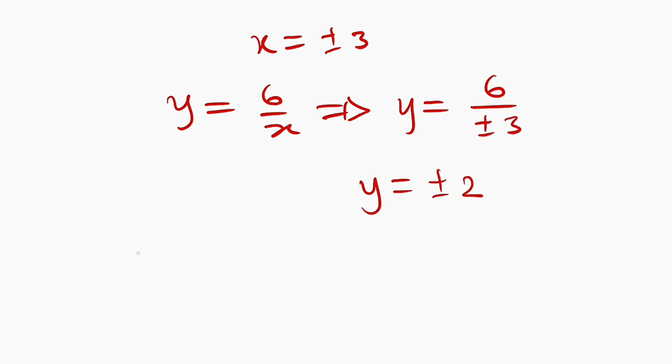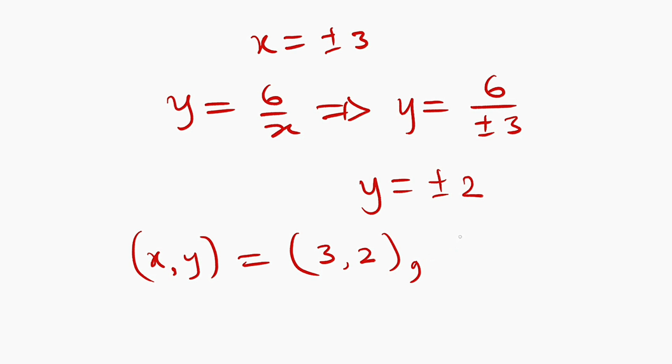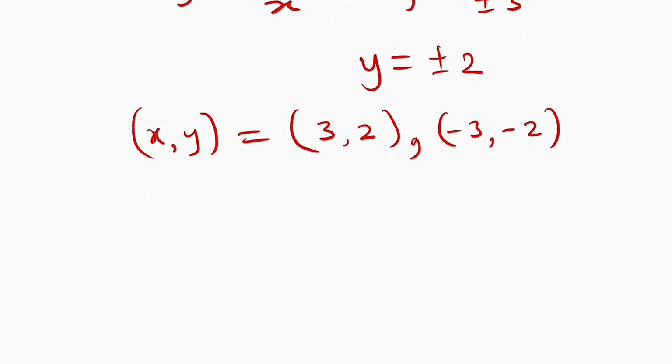So the right combinations are x, y equal to positive 3 for x and positive 2 for y, or negative 3 for x and negative 2 for y. What are we looking for? We are looking for the sum x plus y.